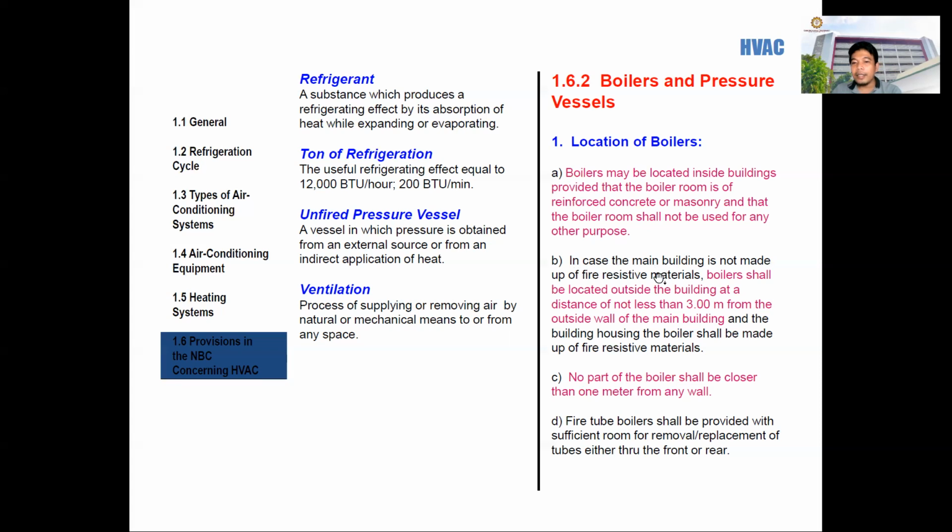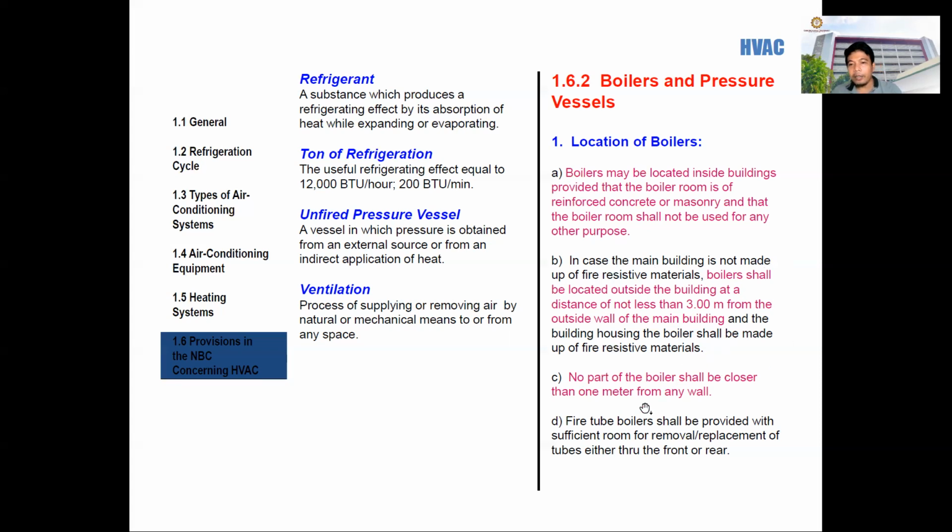And then in case the main building is not made up of fire-resistive materials, boilers shall be located outside the building at a distance not less than 3 meters from the outside wall of the main building, and the building housing the boiler shall be made up of fire-resistive materials.